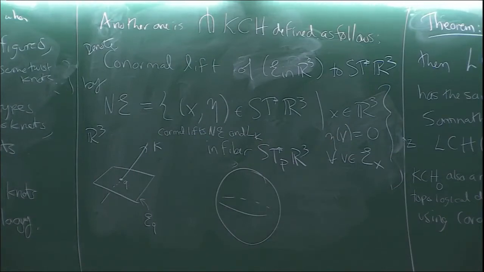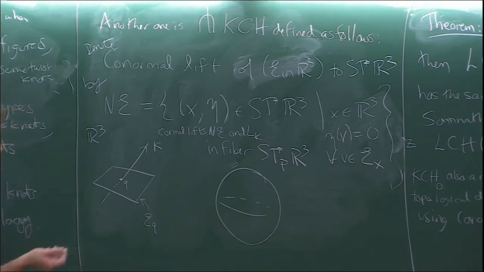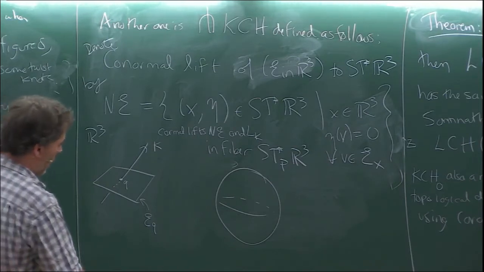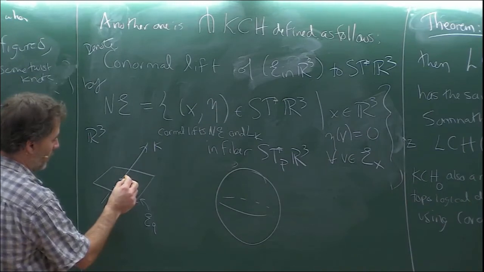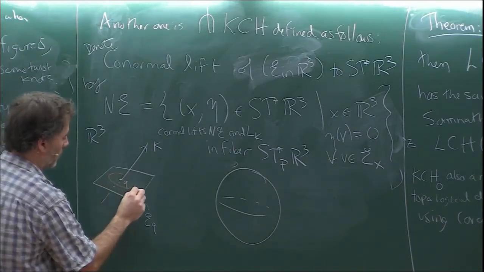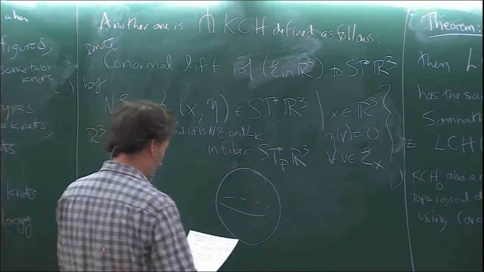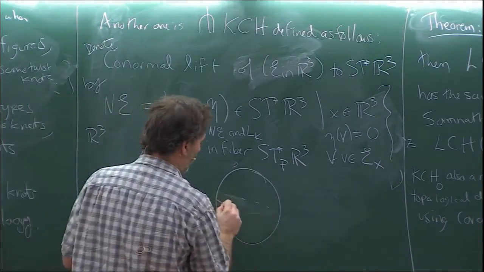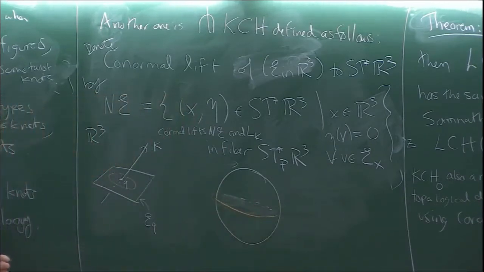By using a metric, I'm going to draw vectors and I'm going to draw covectors as vectors. So if I look at the knot, I want to look at all these unit covectors. Let's say that they're here. So I have a circle's worth of unit covectors.